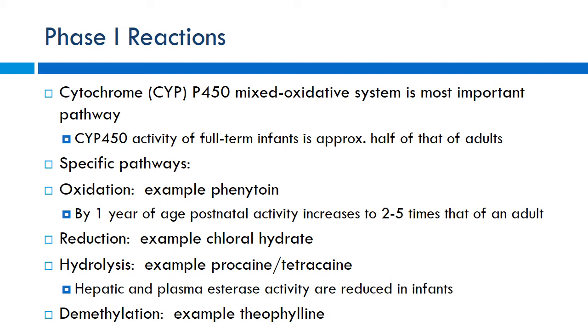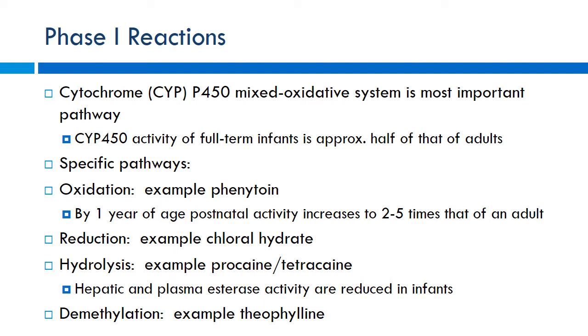For some other phase 1 reactions, things like oxidation, again, phenytoin being an anti-seizure drug, by 1 year of age you can actually find that postnatal activity is going to increase to 2 to 5 times that of an adult. So for those patients, you may need to give the drug more frequently or at larger doses to account for this increased metabolism. Some other drugs, for instance, looking at hydrolysis, so procaine and tetracaine, these are local anesthetics.